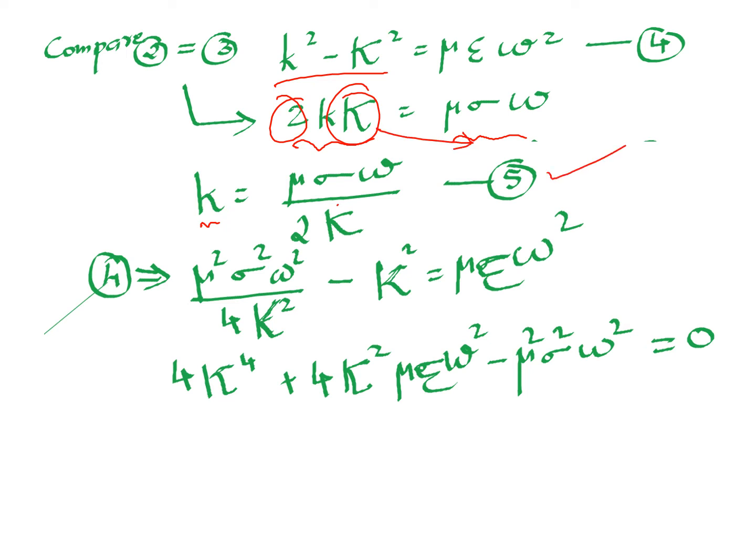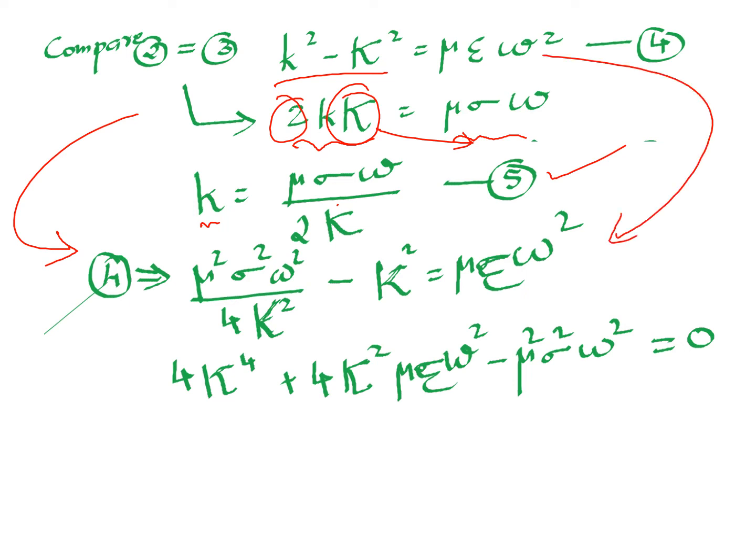Now by substituting the value of k from equation 5 into equation 4, you can see that equation 4 becomes mu square sigma square omega square divided by 2 kappa whole square, that is 4 kappa square, minus kappa square equal to, on the right side, mu epsilon omega square.